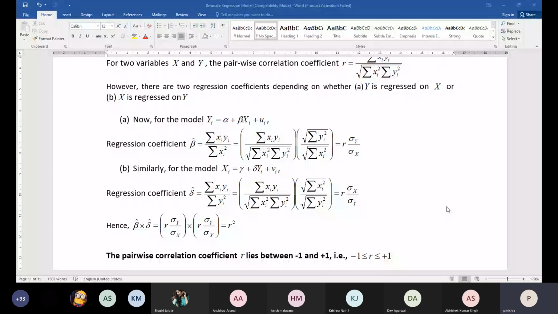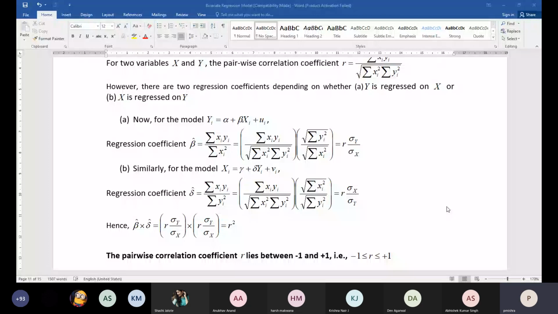And the difference is basically in terms of sigma y and sigma x. And it also depends on whether we are regressing y on x or x on y. These two regression coefficients would be different, though there will be only one pairwise correlation coefficient for two variables x and y.